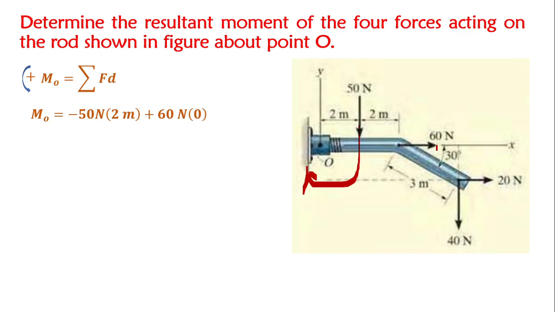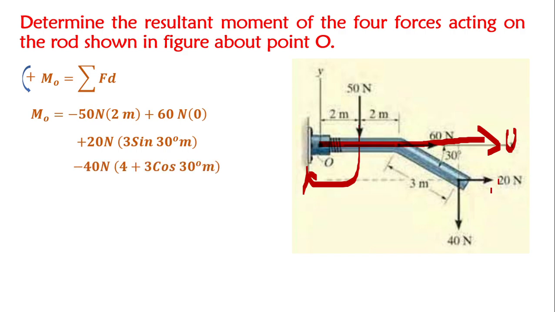And then, ito ay nasa line of action. So, 0 siya. Diba? Next, yung sine 30 natin. Ayan. That is clockwise. And then the other one is counterclockwise. Ayan, diba? And this one is clockwise.